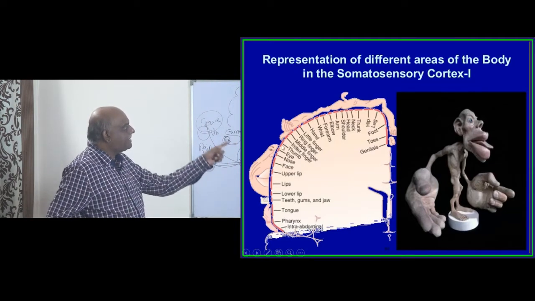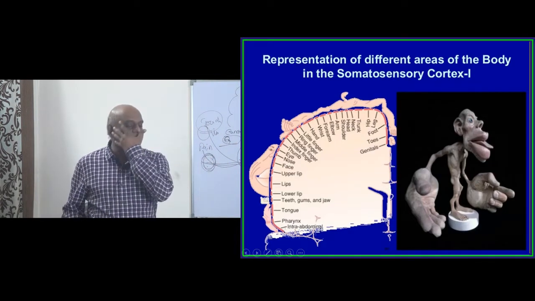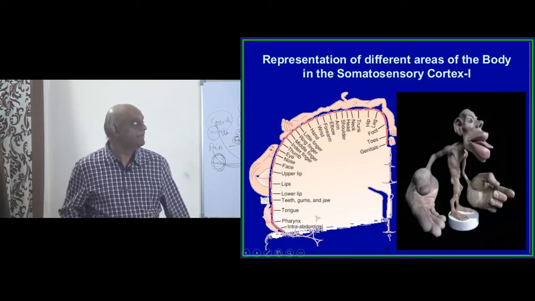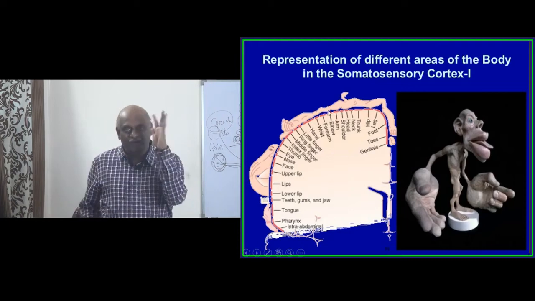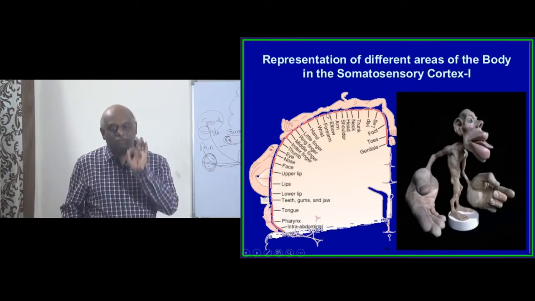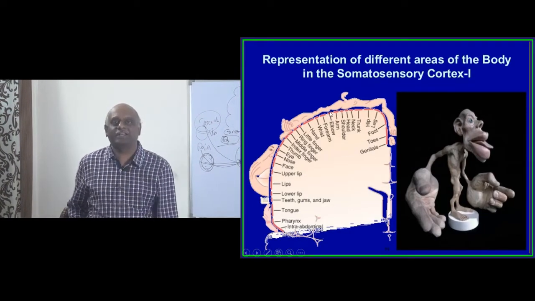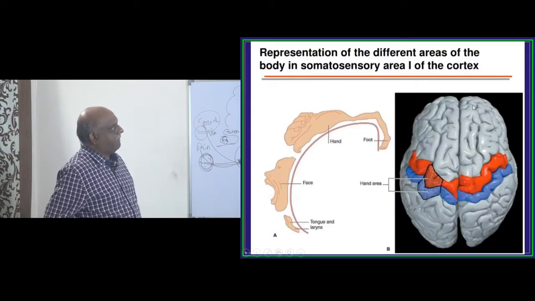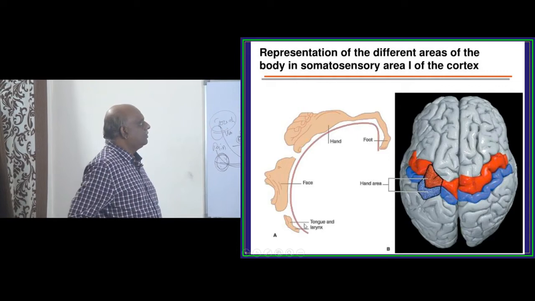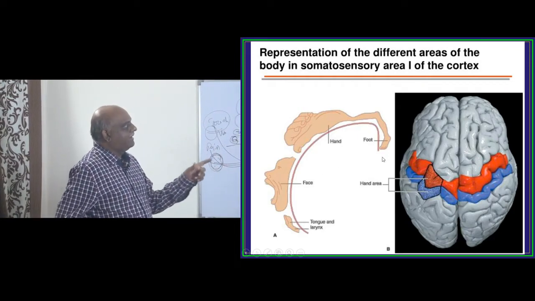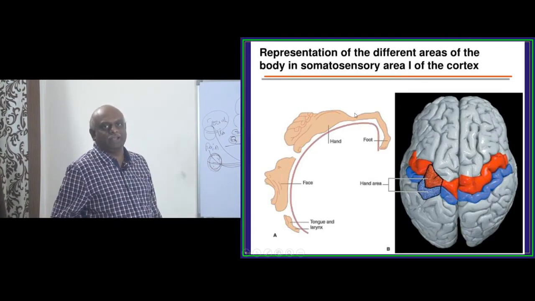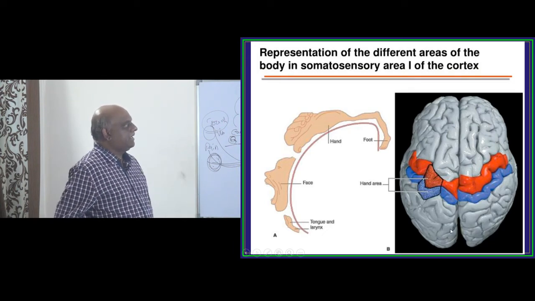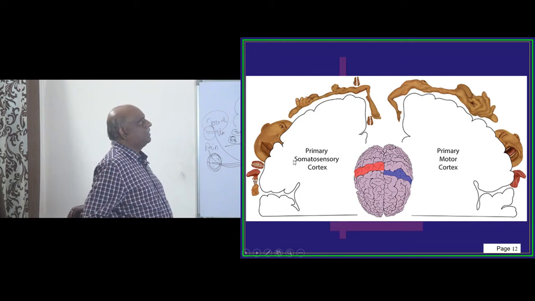इसमें किसका representation ज़्यादा है? हमारा face का sensations are very, very important if you want to be romantic. Then ultimately, your palm का sensations must be very accurate if you want to be a good surgeon. So they are maximum represented is what you need to remember. So once more, the face and the hand have the highest amount of representation in the somatosensory cortex in the homunculus is what I like to underscore to all of you.